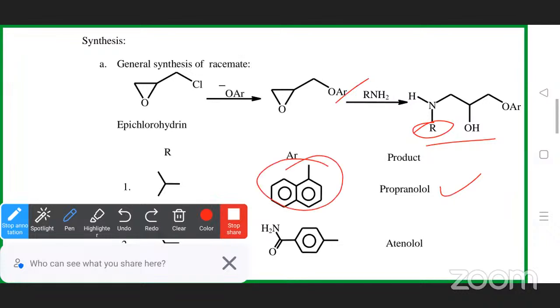You can take the naphthalene, and you use the base, what is this, isopropylamine. You take the isopropylamine. In the R place, you take the isopropyl group. Then you get this propranolol. Okay.